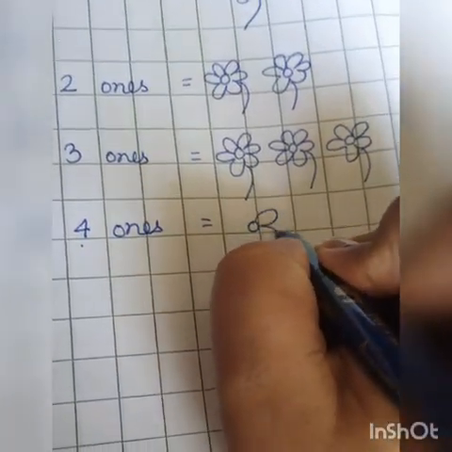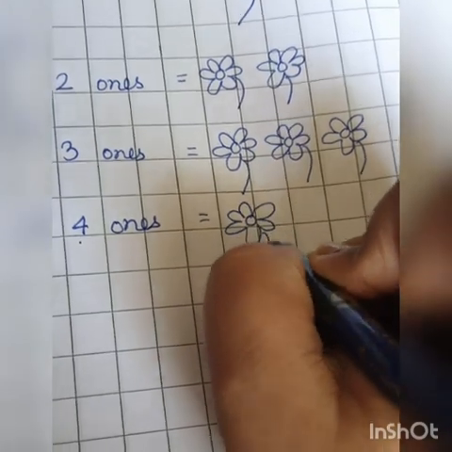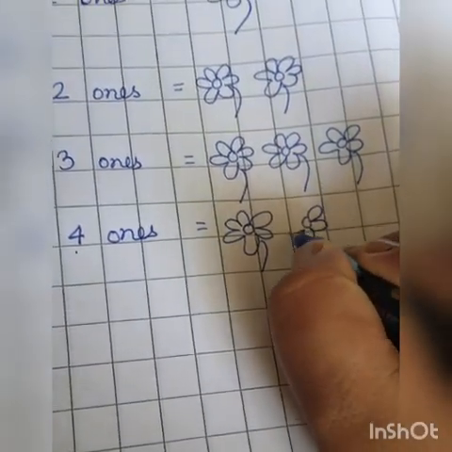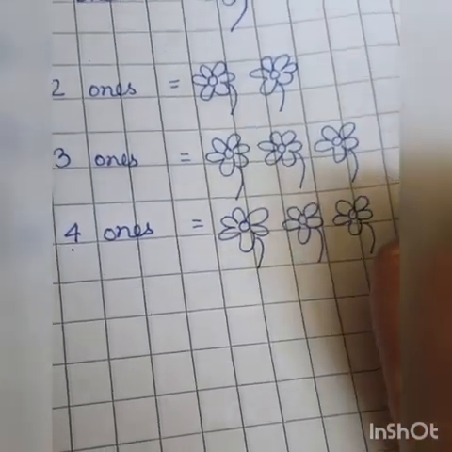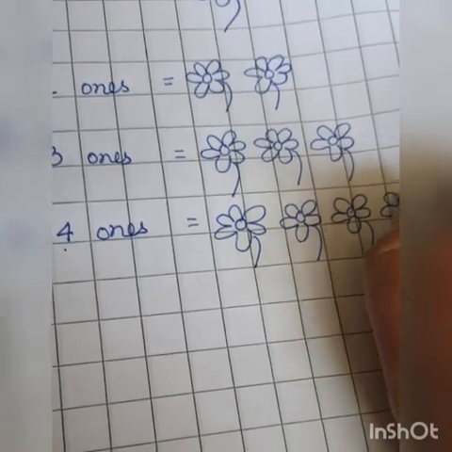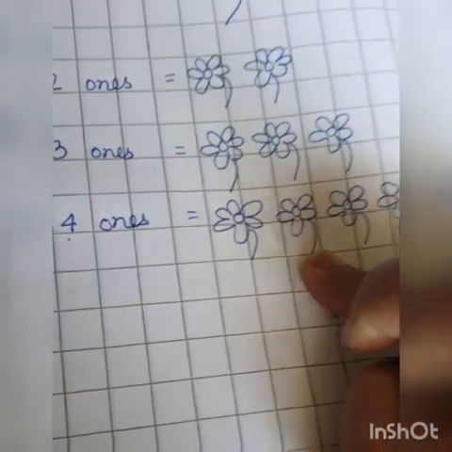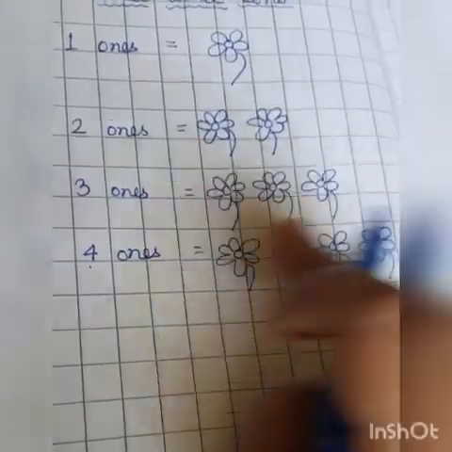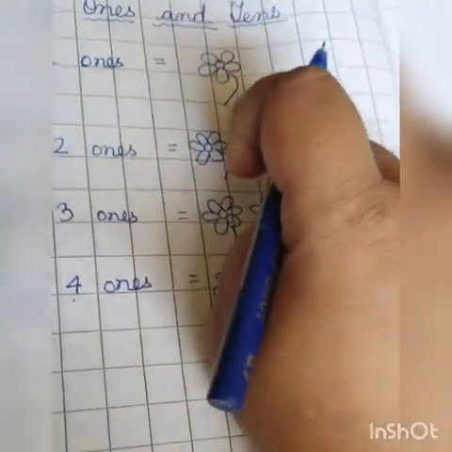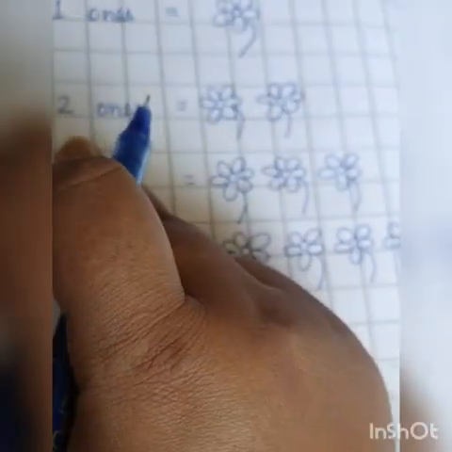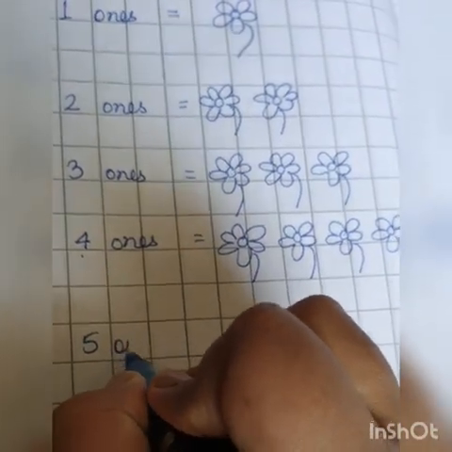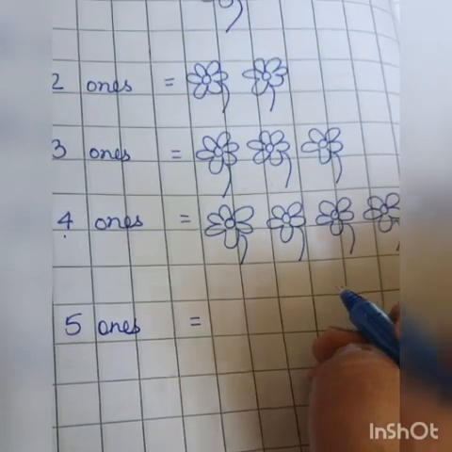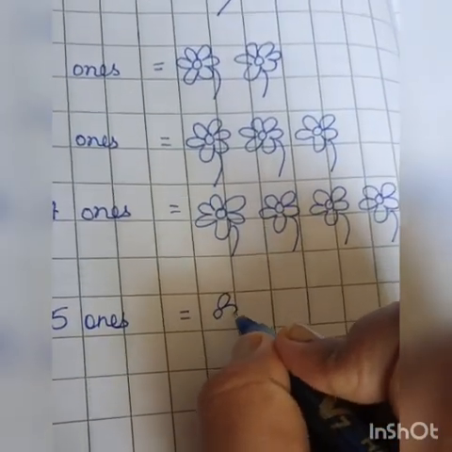Again it's very easy. 4 ones means 4 flowers. 1 flower, 2 flower, 3 flower, 4 flower. 4 ones, 4 flowers. These are loose. When you have things loose, you have to call them as ones. Then again we have 5 ones. 5 ones means 5 flowers.